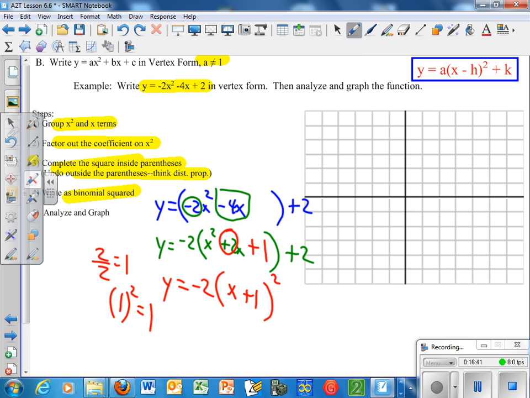Now here's where you really got to listen. When I say undo outside parentheses, think distributive property. If I actually distributed this back through to the term I added right here inside, I would get a negative 2. So I've actually changed that by negative 2 if I went back and got rid of my parentheses. So we had this plus 2, this one carried down.